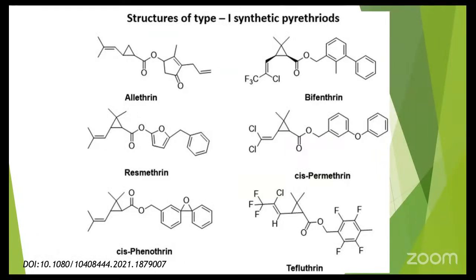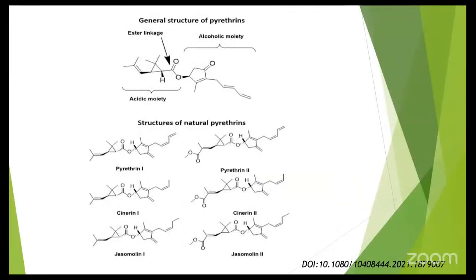a structure of type 1 synthetic pyrethroids, where you see allethrin, which comes under the synthetic pyrethroids. The first synthetic modification of the structure of pyrethrins mainly involved changes of the alcohol moiety, where, as you have seen earlier, you have the alcohol moiety, ester linkage, and acidic moiety.